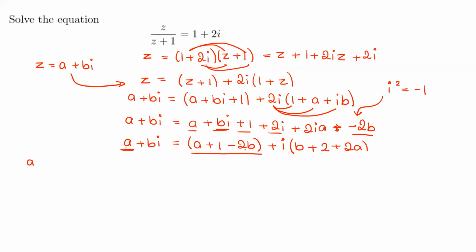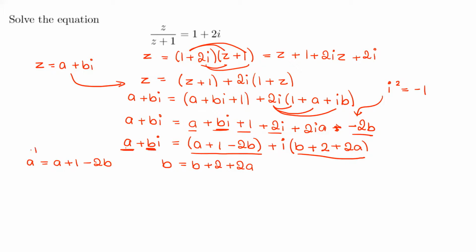And the real part on the right is equal to a plus 1 minus 2b. The imaginary part on the left is just equal to b. And the imaginary part on the right is equal to b plus 2 plus 2a. So all I did in this case, guys, was say the real on one side is equal to the real on the other, and the imaginary part on one side is equal to the imaginary part of the other. And if we look at these equations, we can solve them.